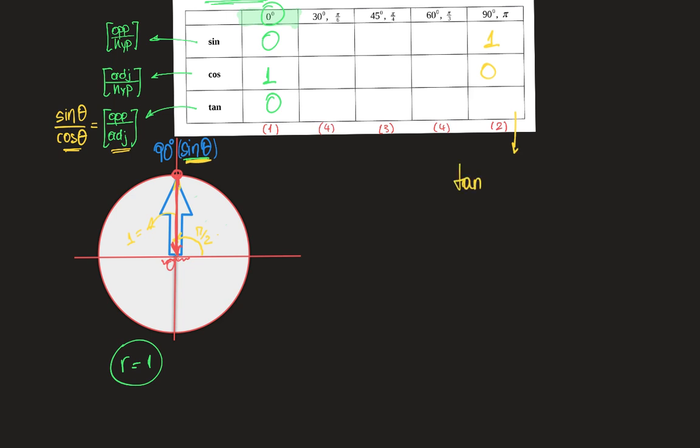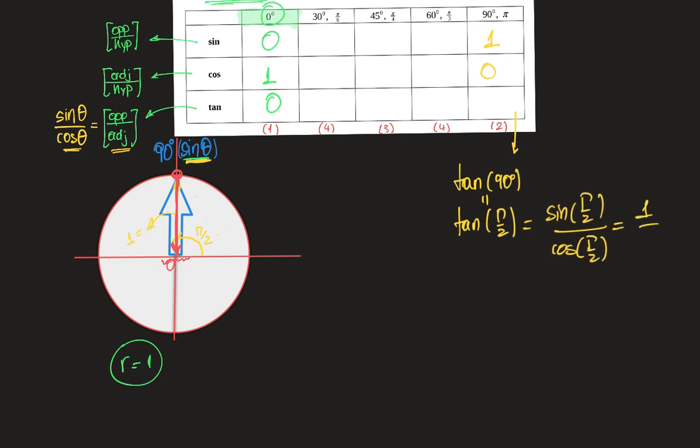And then for the tangent, I'm going to do exactly the same thing like I did before. So the tan of 90 degrees, or the tan of pi over 2, and make sure you know both ways of writing 90 degrees in terms of radians and degrees. That's going to be equal to sine pi over 2 over cosine of pi over 2. The sine of pi over 2 is equal to 1.